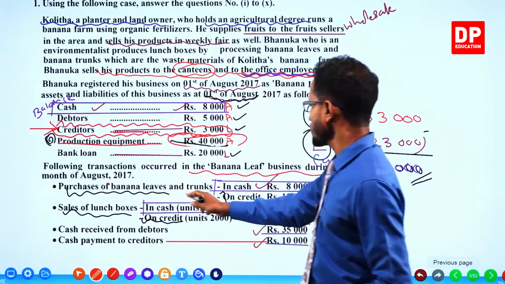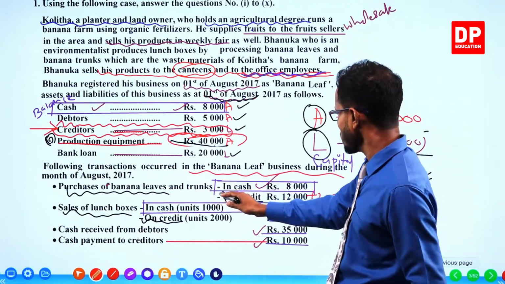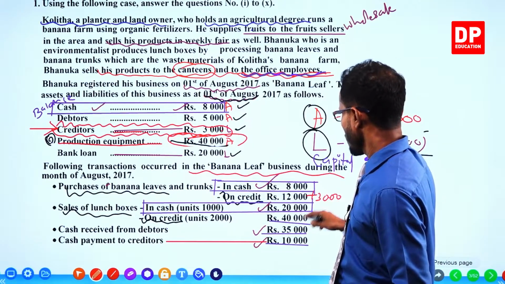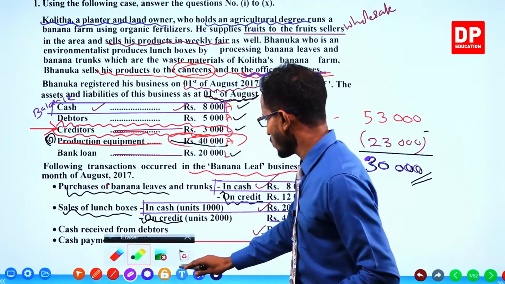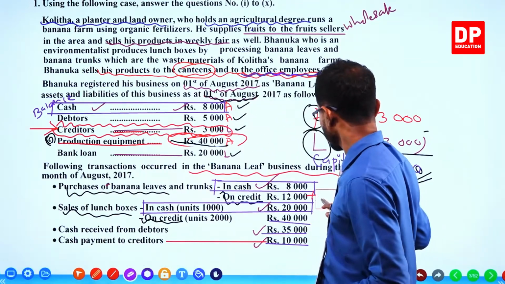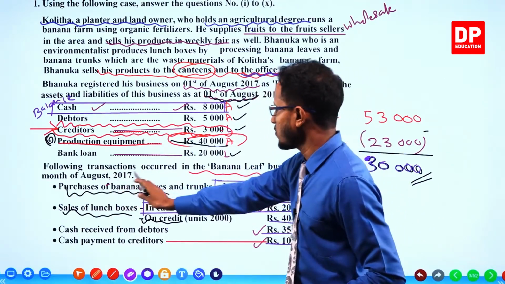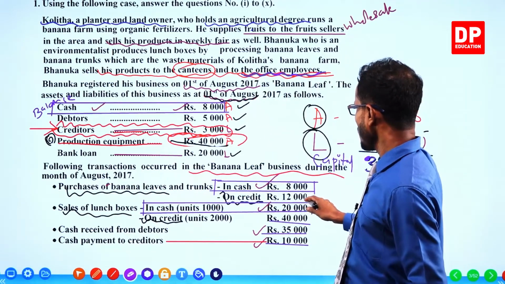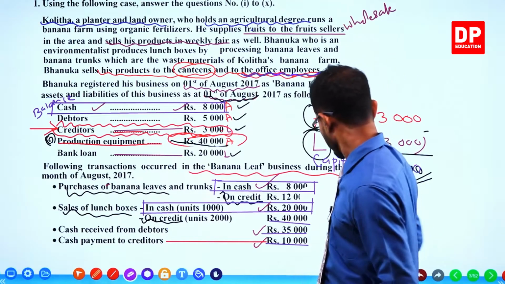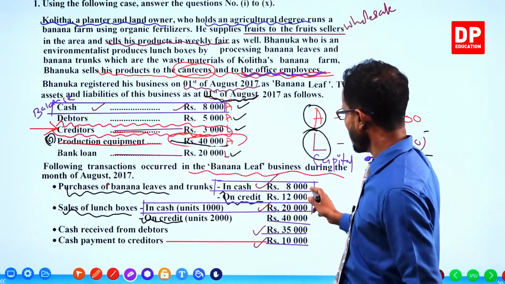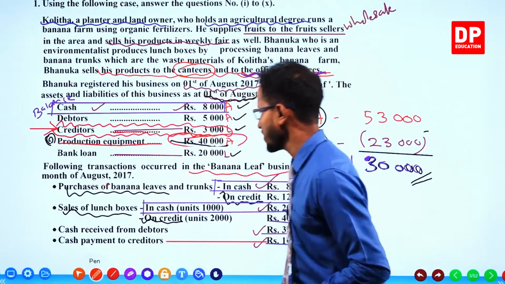Purchasing of banana leaves and trunks, direct materials. So take the total of purchases: 12 plus 8, 20.